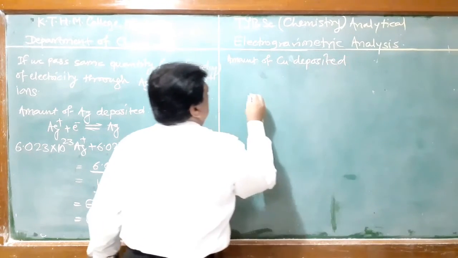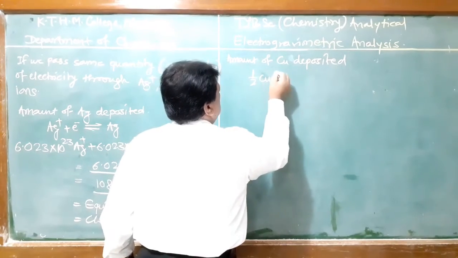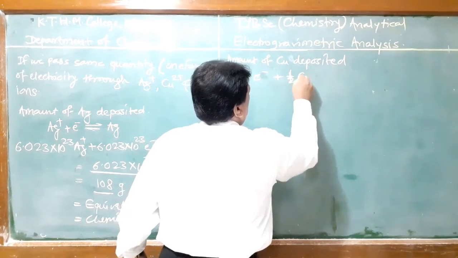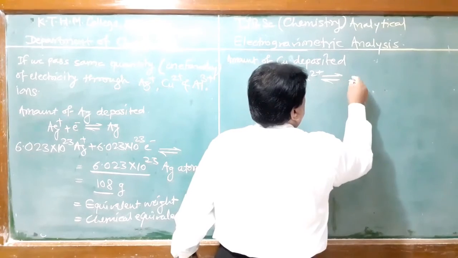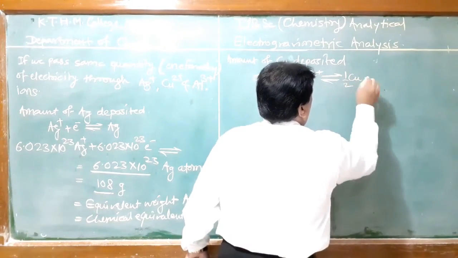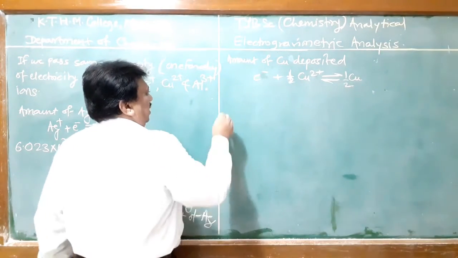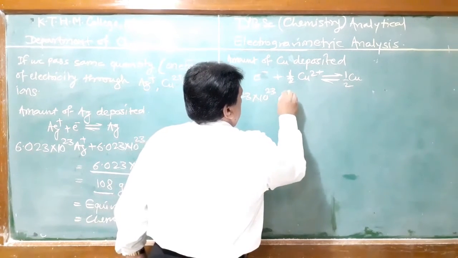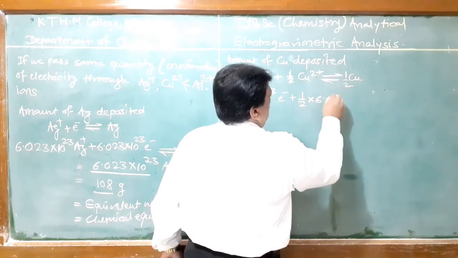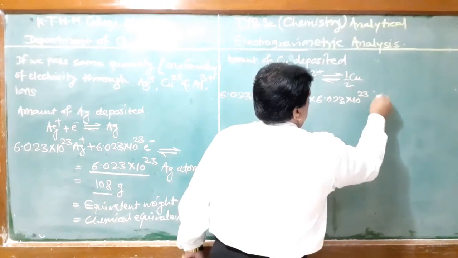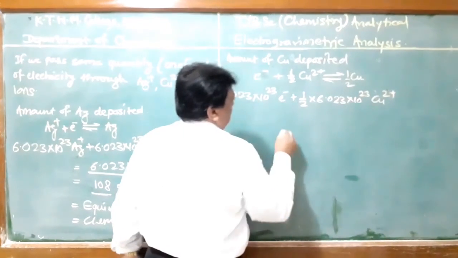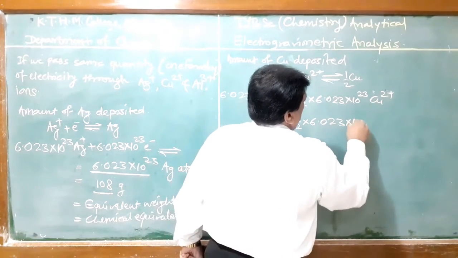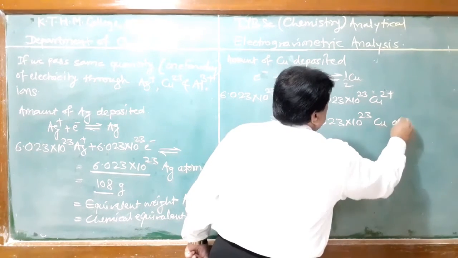If a single electron is taken, it reduces half a mole of copper 2 plus, and it gives half a mole of copper atoms. Therefore, Avogadro's number, 6.023 into 10 raised to 23 electrons, reduces half of 6.023 into 10 raised to 23 copper ions, and that gives half of 6.023 into 10 raised to 23 copper atoms.